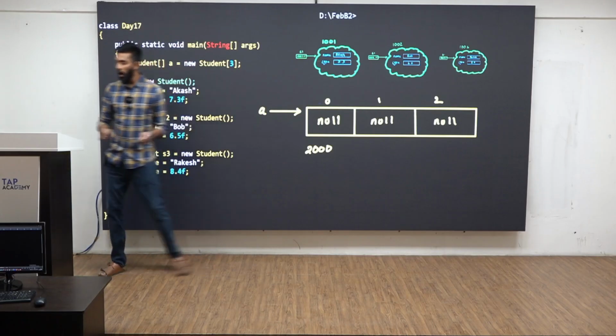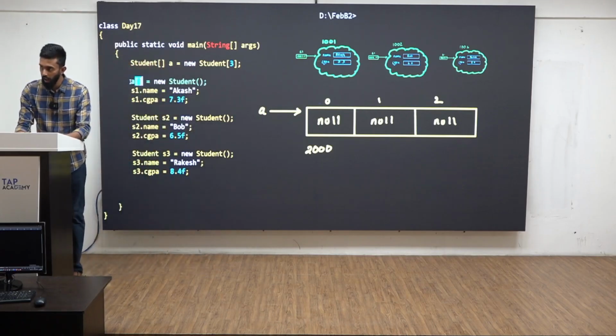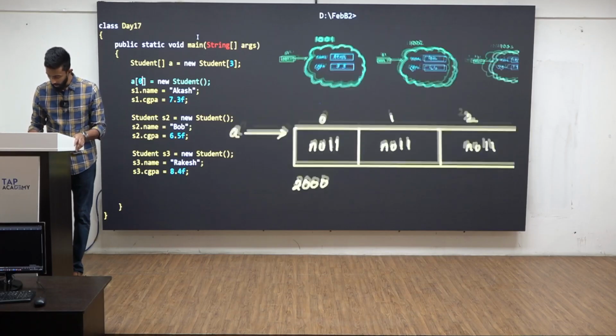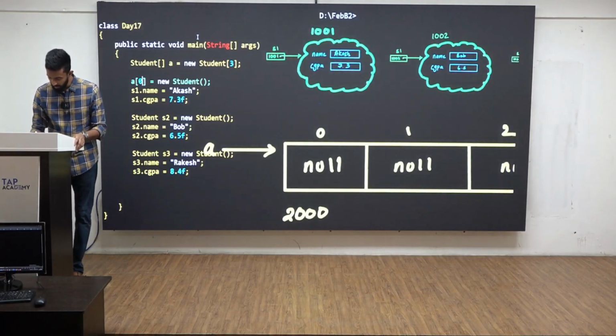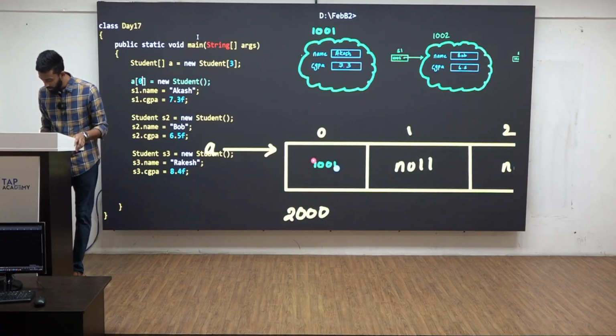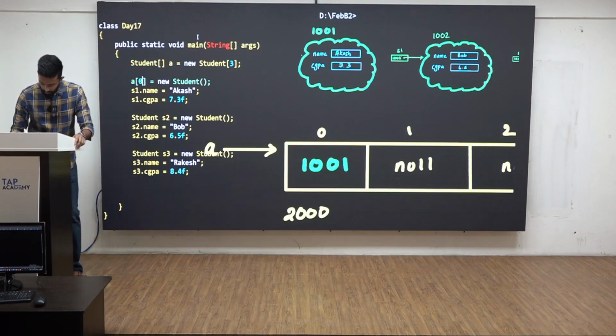If I do this, this 1001 is not inside S1 now. This 1001 is going to get stored here like this. And now A of 0 is going to refer here.